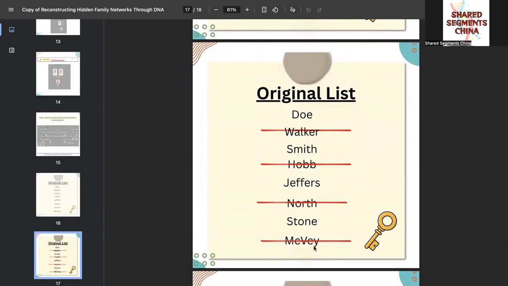So we're crossing out McVeigh, we're crossing out North, Hobb, Walker. Also note, again, these things are evolving as new information comes in. So this doesn't mean that this is your final list. This is your list as it stands, when you just drafted those first six people's trees.